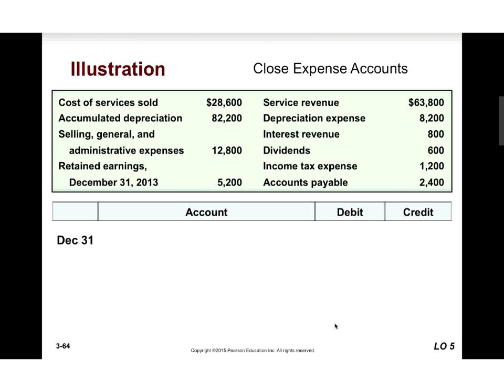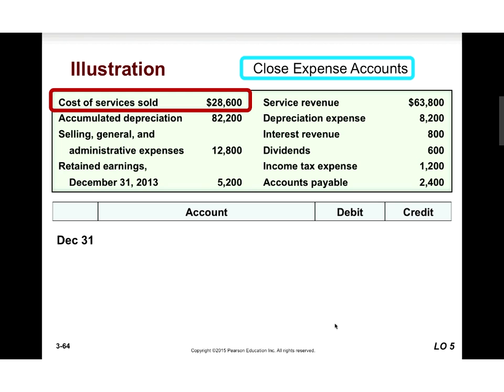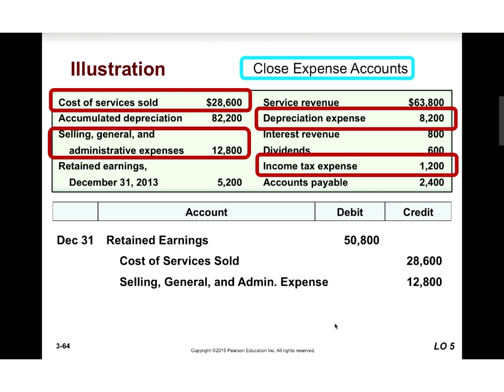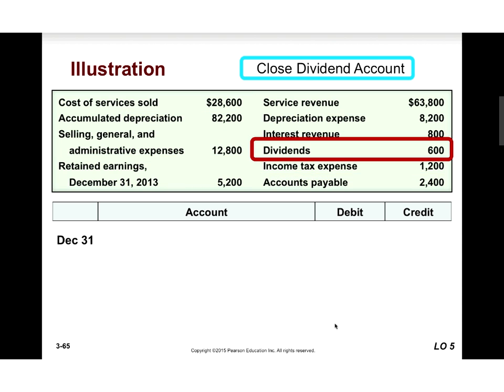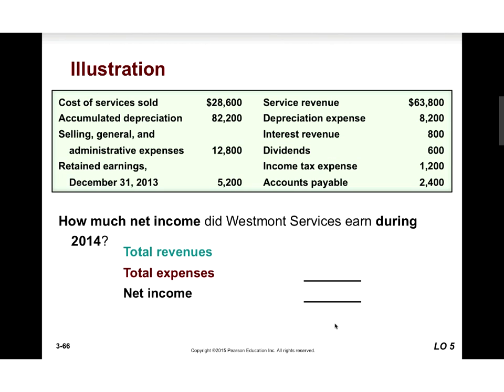We're looking for what our total income is. So then my expenses totaled $50,800. So now when I answer the question about what is net income, how much net income? Our total revenues were $64,600, and that was that first closing entry. It's also service revenue and interest revenue.